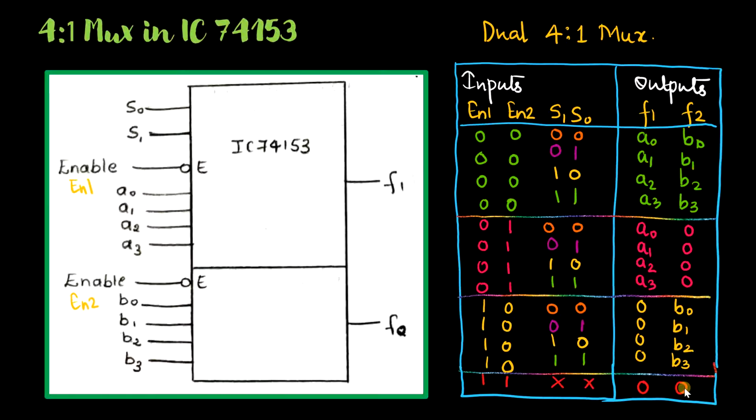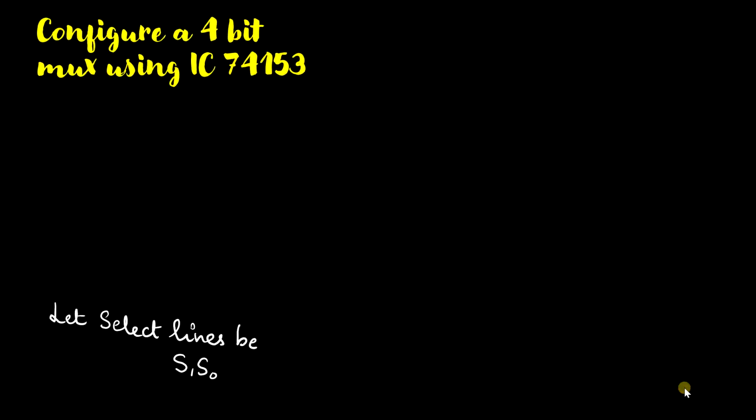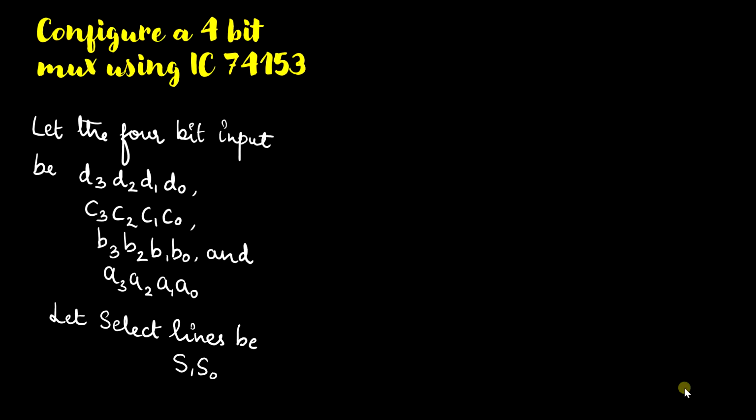Now, with this understanding, let us solve some numericals wherein we make use of the IC 74153. The question says we need to configure a 4-bit mux using IC 74153. Since it is a 4-bit mux, I will require 4 input bits, correct?